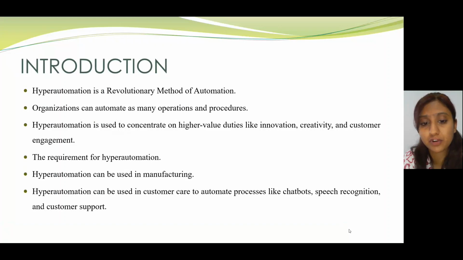We can say that hyperautomation can also save businesses a lot of money by lowering labor expenses, minimizing mistakes, and improving resource usage. And in summary, we can say that hyperautomation is a potent and revolutionary method of automation that may help enterprises accomplish many things.